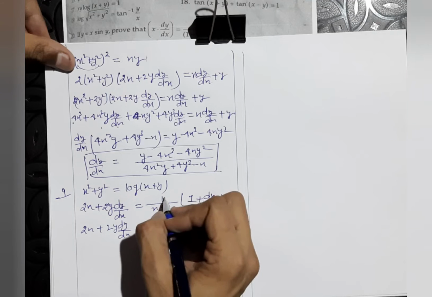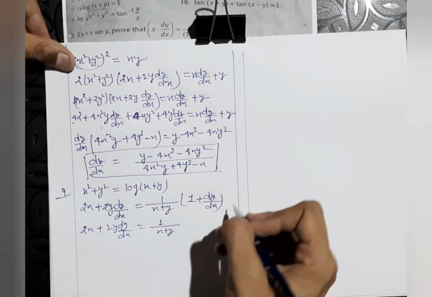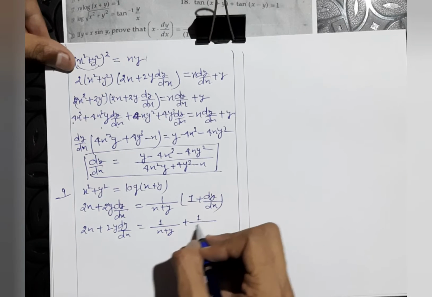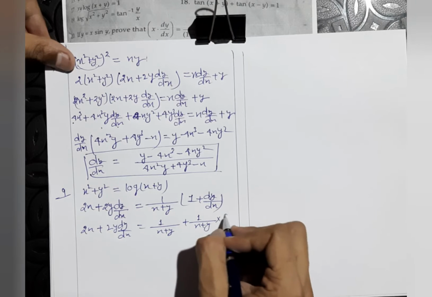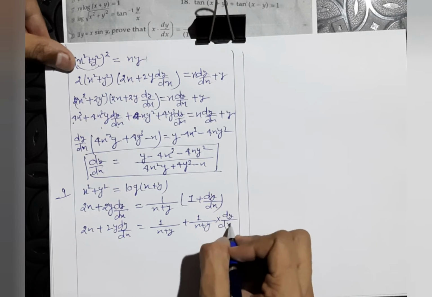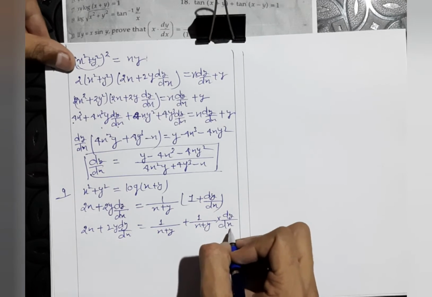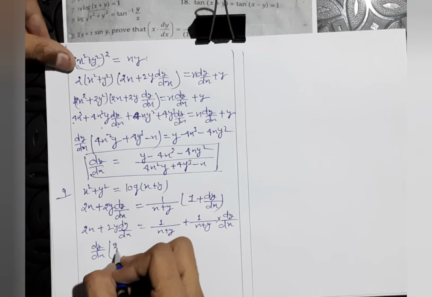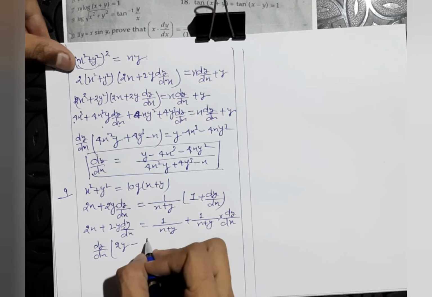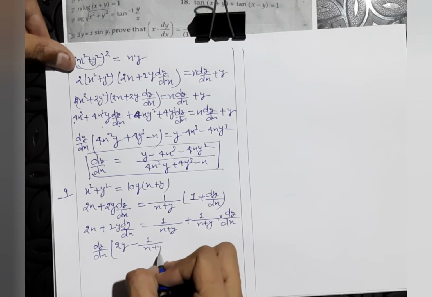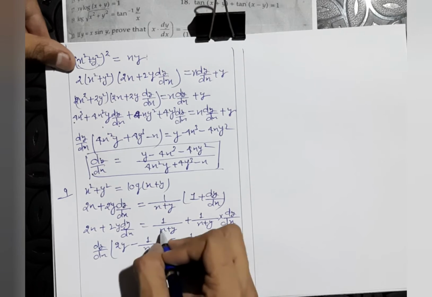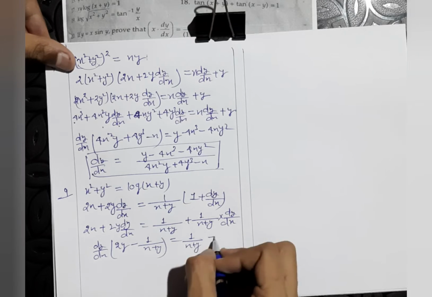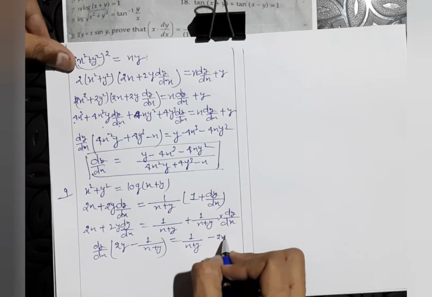I am multiplying the 1 over (x + y) with the bracket, so plus 1 over (x + y) times dy over dx. Now dy over dx is here and there, so it can be taken as common. So dy over dx is common from 2y and minus 1 over (x + y), equal to 1 over (x + y) minus 2x.